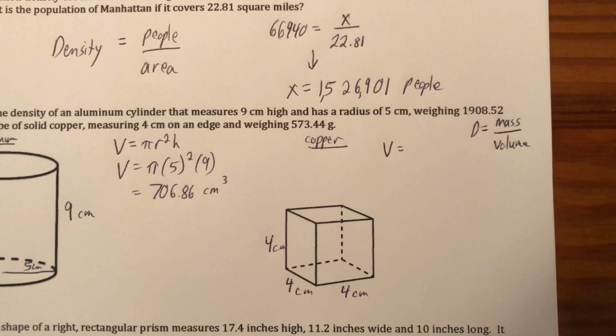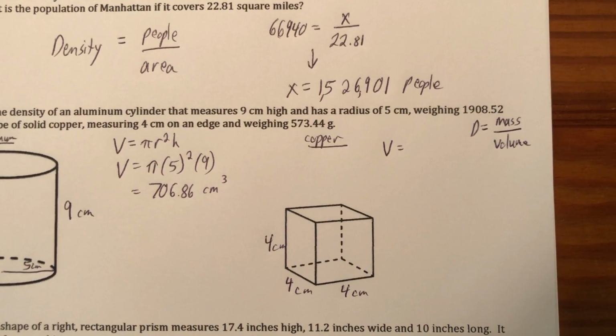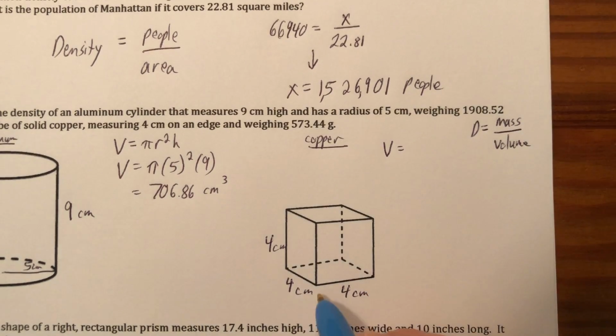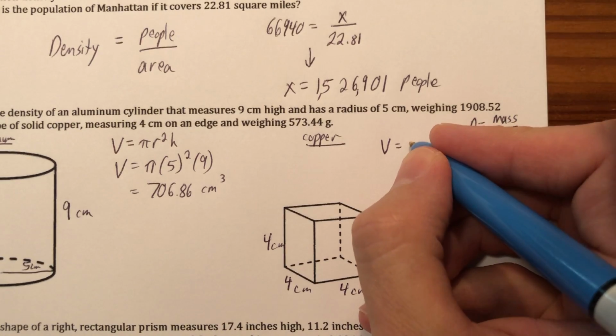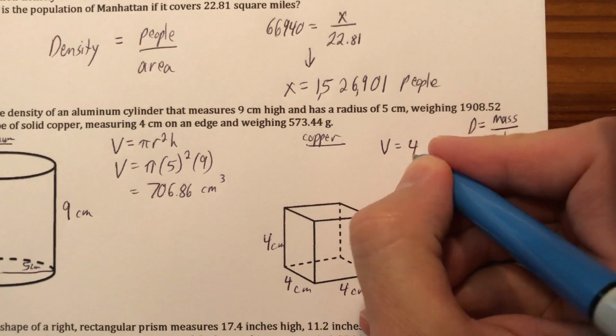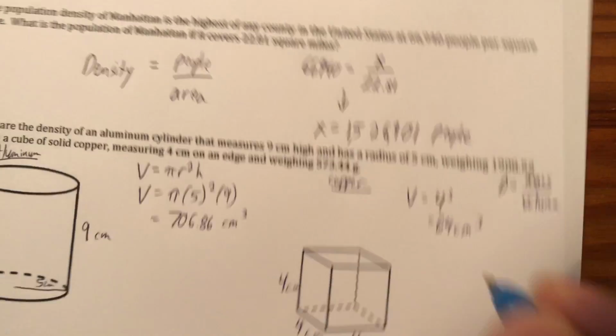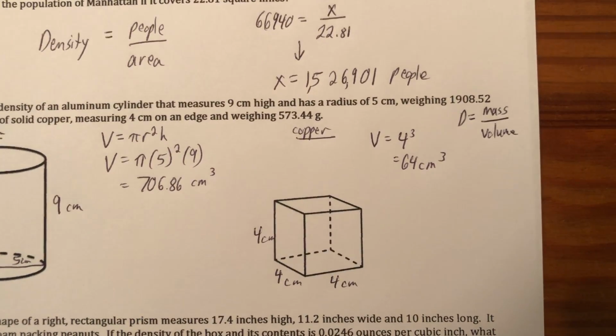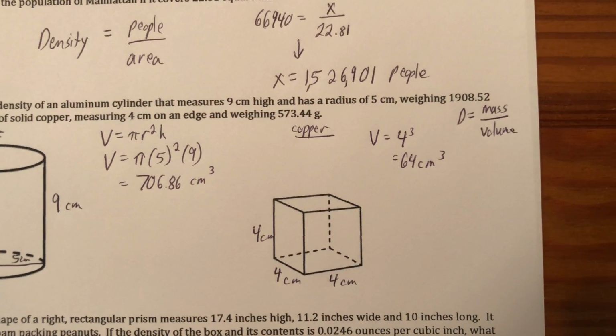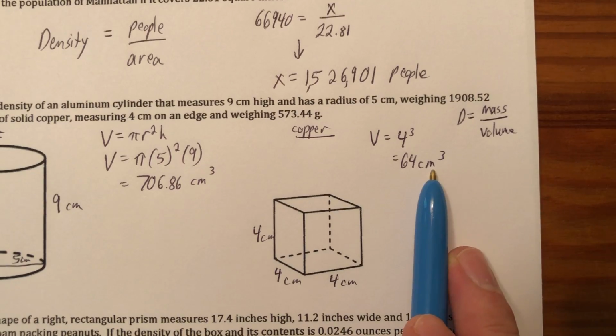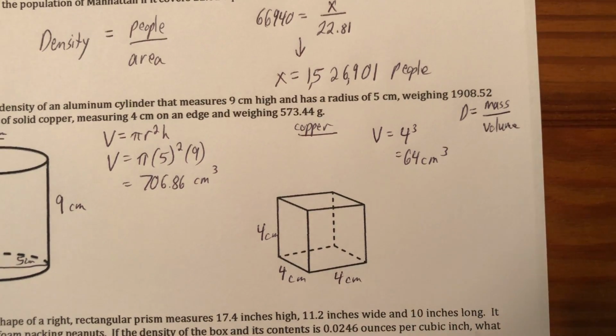And you could treat it like the box that it is, the right rectangular prism. And you could say it's length times width times height, and that's fine. You could also say it's just the length of the side cubed, which would be 4 cubed. So that'd be 64 cubic centimeters, because you'd have 4 centimeters times 4 centimeters times 4 centimeters. So you multiplied centimeters 3 times. That's where cubic centimeters comes from. Just throwing that out there.